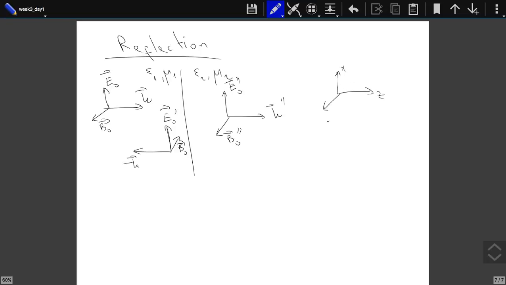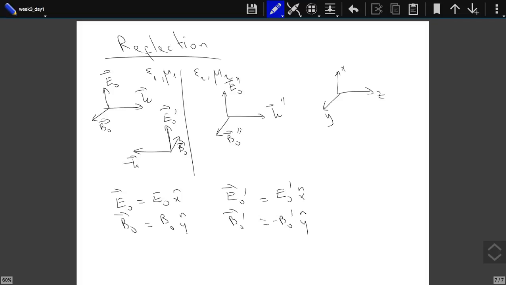Let's say this is x, this is y. So E0 is E0 in the x-hat direction. B0 is B0 in the y-hat direction. E0 prime is some E0 prime in the x-hat. B0 prime is some B0 prime in the minus y-hat.